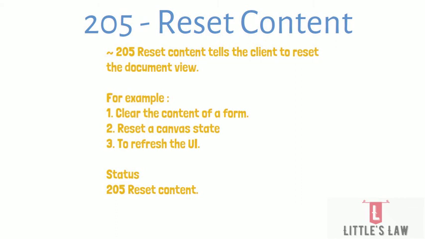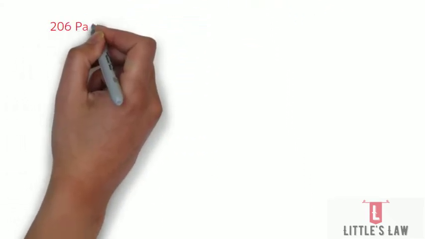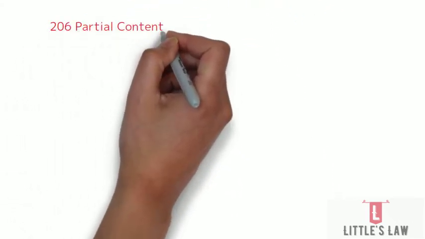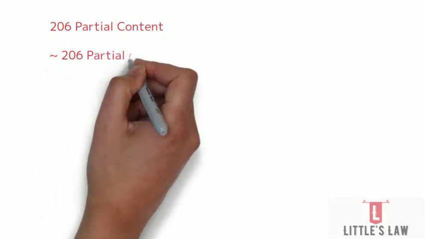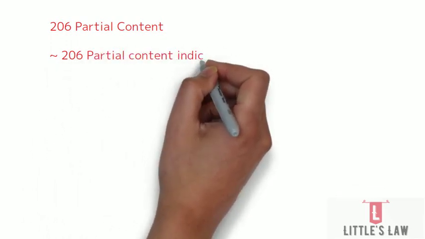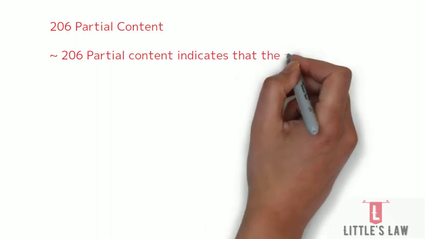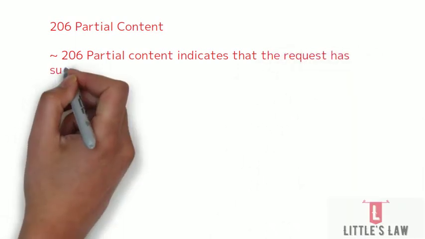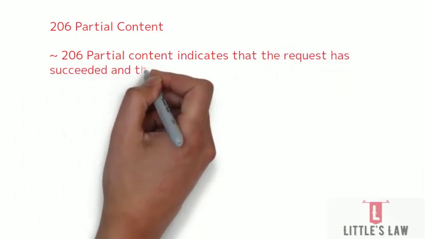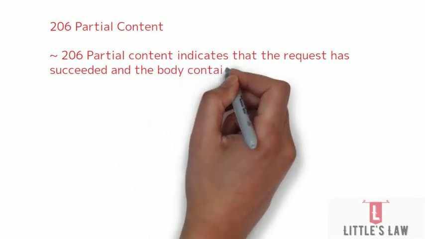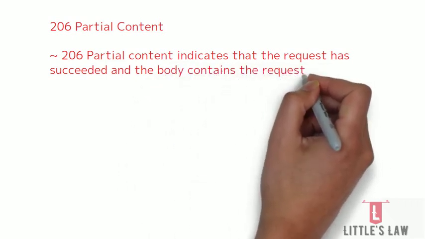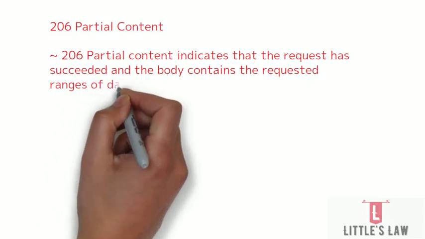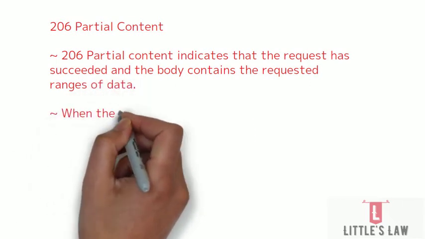The seventh HTTP 2XX response code is 206 Partial Content. The HTTP 206 Partial Content success status response code indicates that the request has succeeded and the body contains the requested ranges of data as described in the Range header of the request.